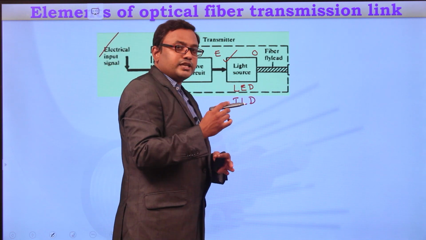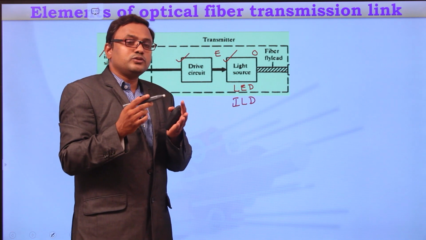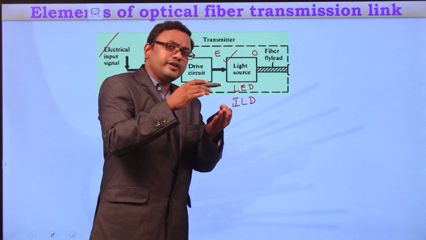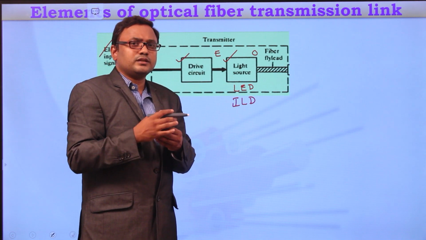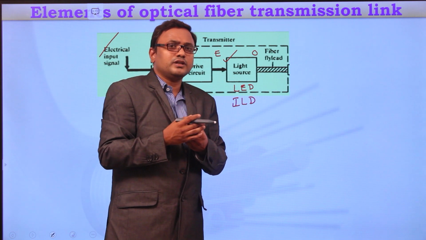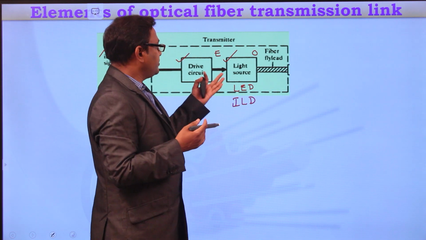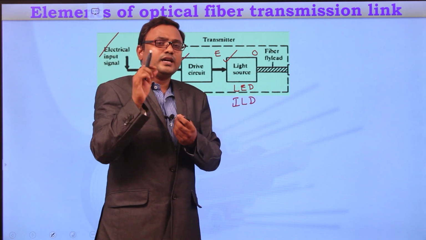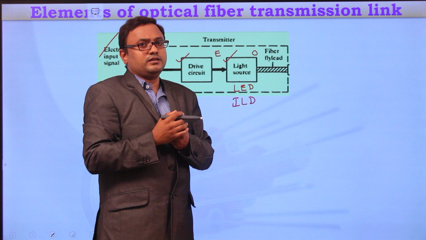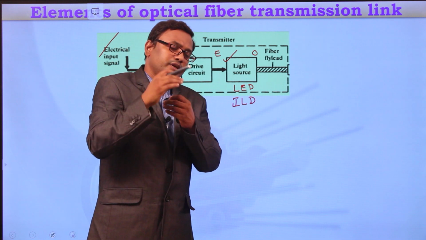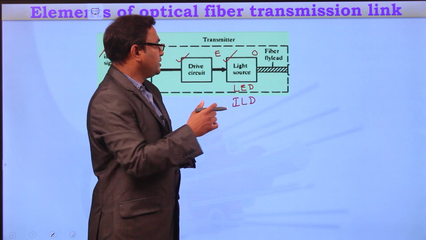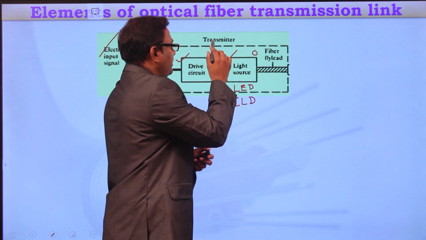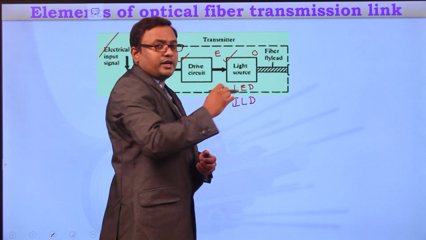Optical frequencies are in the range of 100 terahertz to 1000 terahertz. If you convert into wavelengths, usually in an optical communication system, we represent the bandwidth in terms of the wavelengths. And the optical signal wavelength is in the nanometers dimension, or it may be in the micrometers dimension, right?